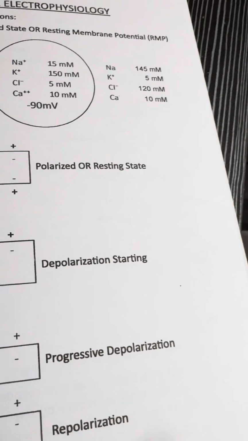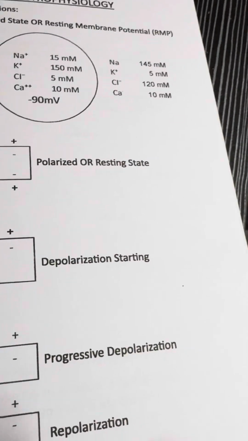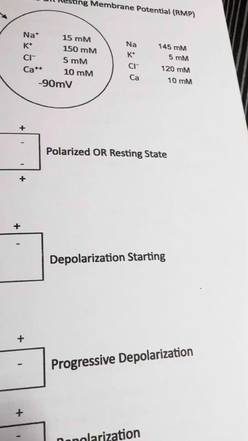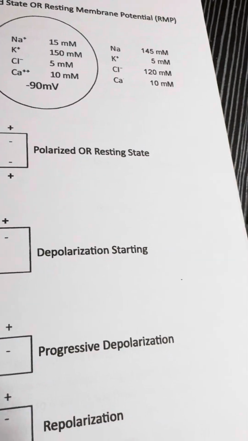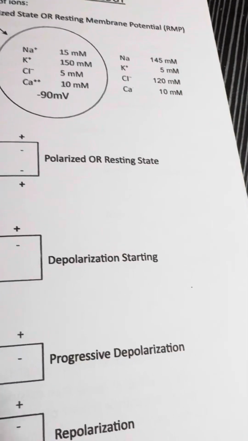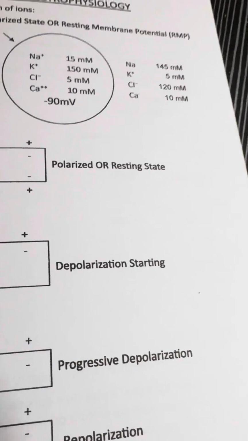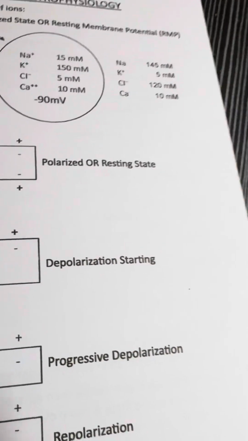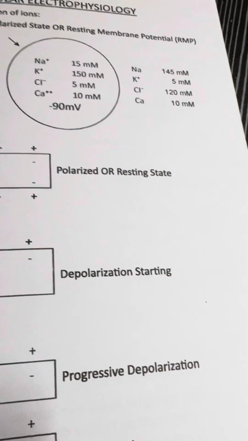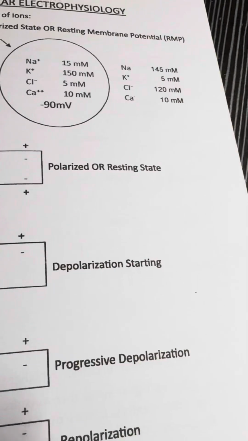Now since potassium permeability is more, the cell will allow potassium to go out, while sodium coming inside will be at a lesser speed, not the same, because sodium is bigger in size. So the net result will be that positively charged potassium will leave in more number than sodium coming from outside.